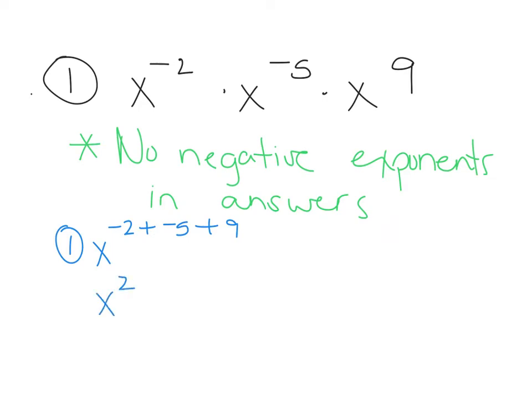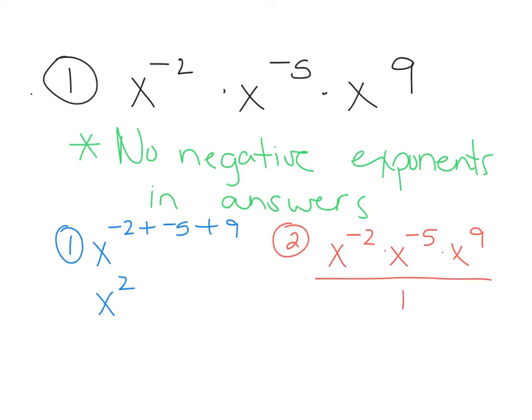I'm done. Now, method 2 would be, what if I wanted to do this using reciprocal, like I just talked about in the last couple of slides? So what I could do is take this entire problem and make it one big fraction. That's allowed.